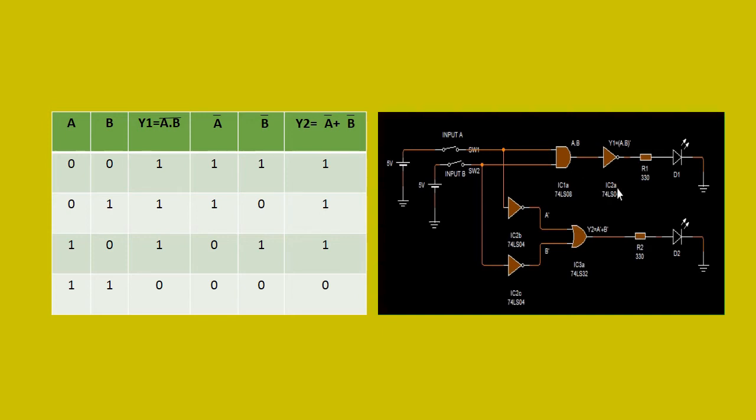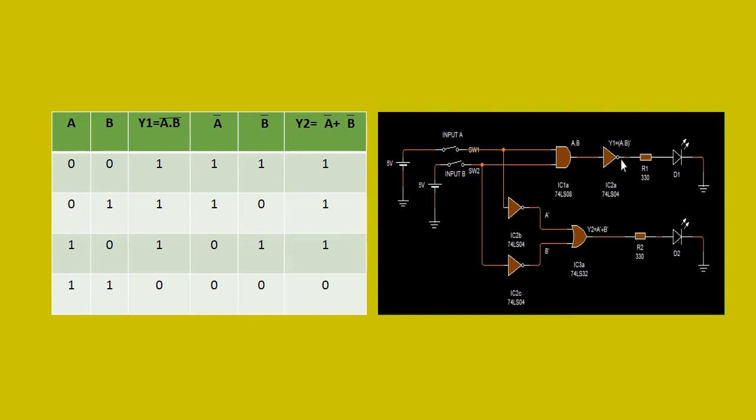Now let's understand how we design this circuit. To get the AND operation, here we use one AND gate. This input is input A, this input is input B. So from the output here we get A dot B. This A dot B output is connected to the input of this NOT gate.